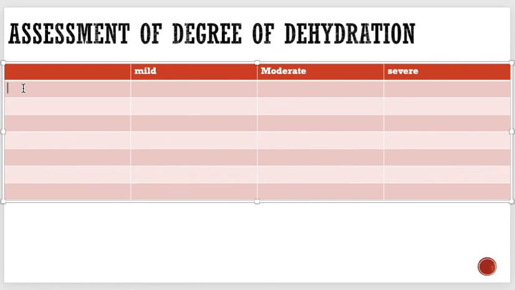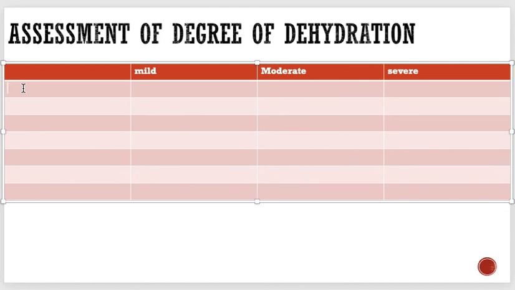So for example, a baby whose weight was 10 kilograms, is admitted into the hospital, and the baby has vomiting and diarrhea. If the next day you check the weight and find that the baby's weight is 9 kilograms, so how much weight has the baby lost? It is around 10% of the body weight, right?